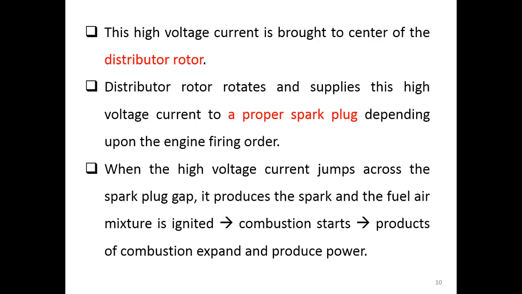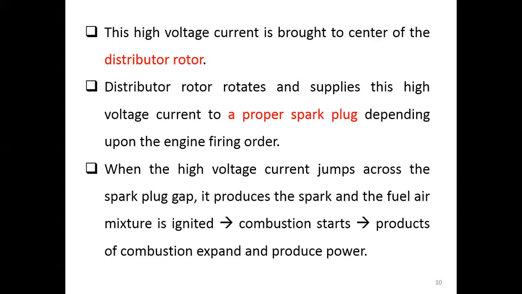That means which cylinder needs to have the spark come out from the spark plug. When the high voltage current jumps across the spark plug, it produces the spark. Then the fuel-air mixture is ignited, combustion starts, and the products of combustion expand and produce the power.